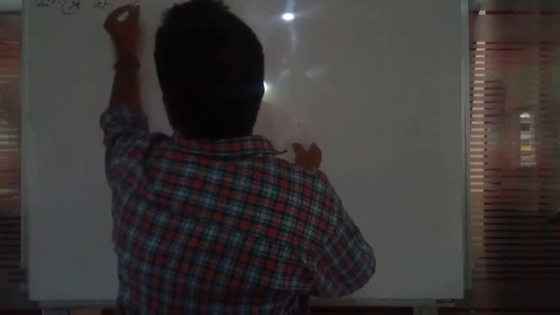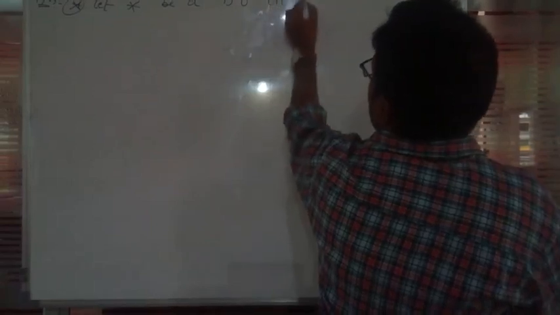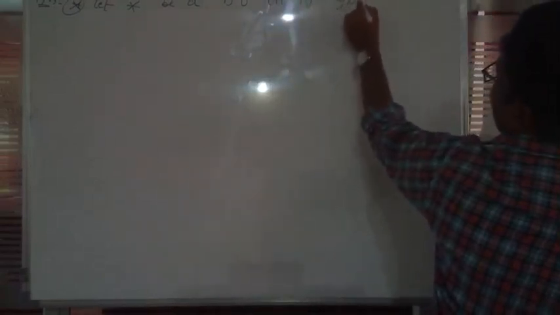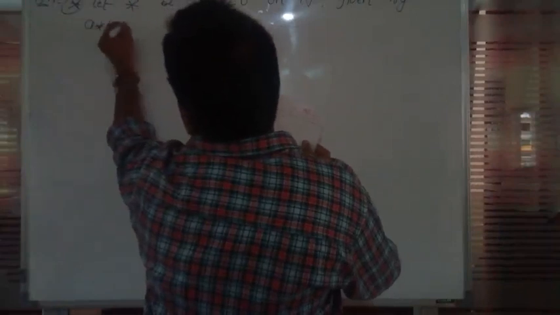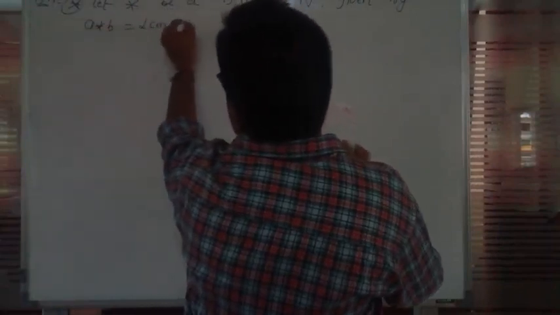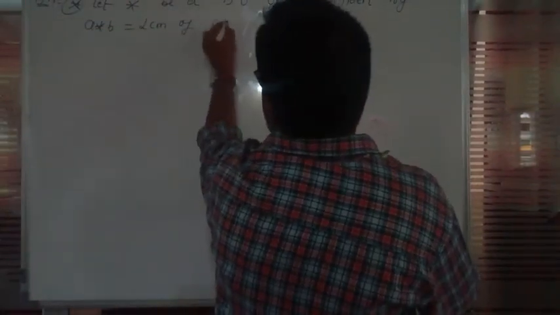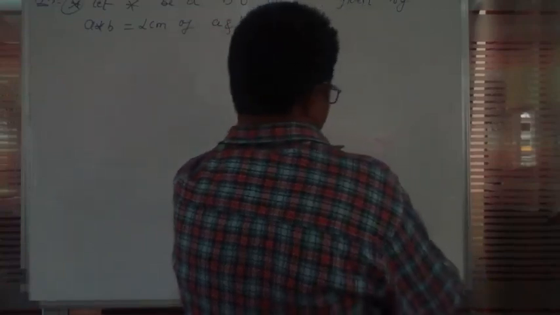Let star be a binary operation on N given by a star b is equal to LCM of a and b.